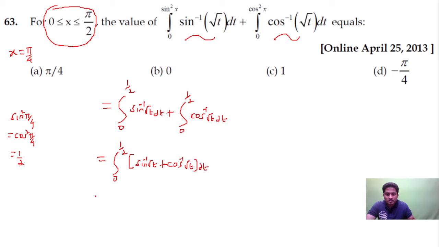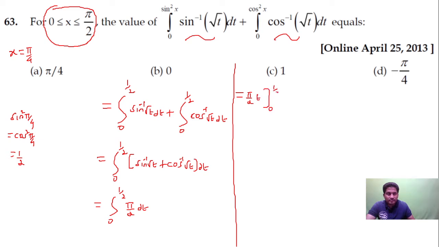Sine inverse of x plus cos inverse of x is pi by 2. So this is the integral from 0 to half of pi by 2 dt. The integration of dt is t, between the limits 0 to half. So it is pi by 2, upper limit 1 by 2, lower limit 0, so you get pi upon 4. Okay, answer is option A.